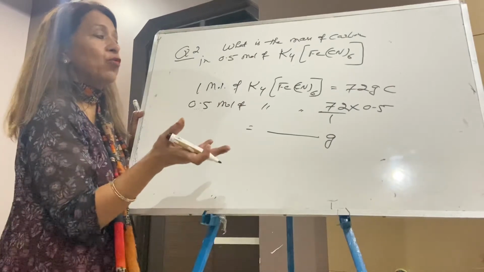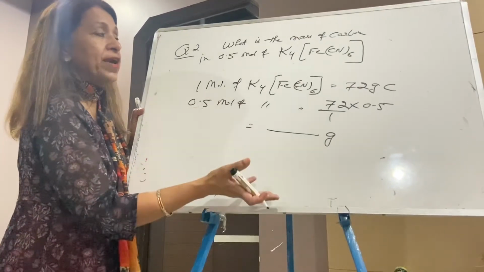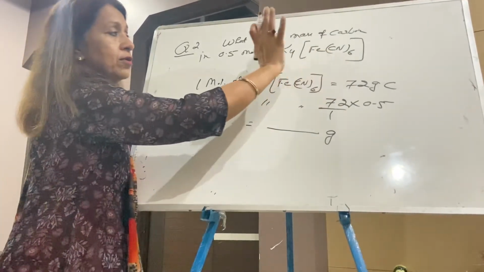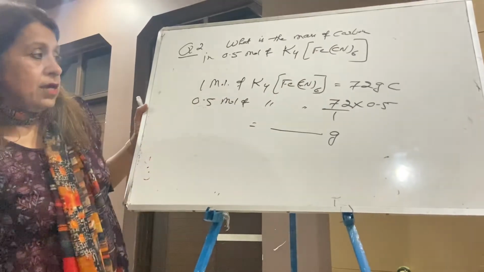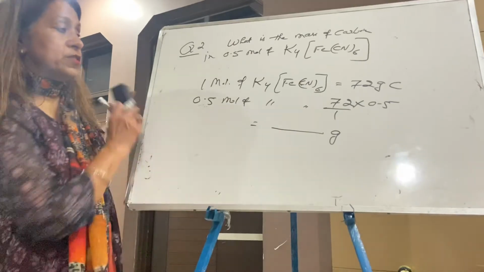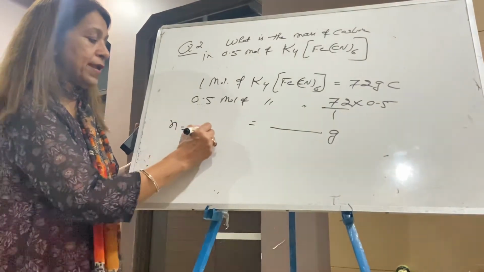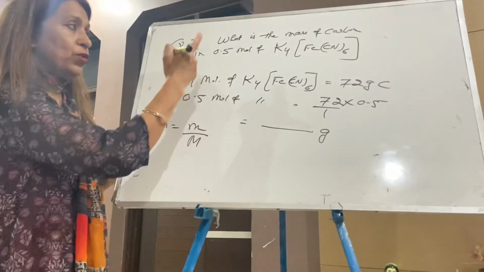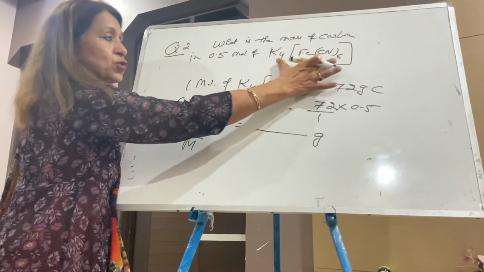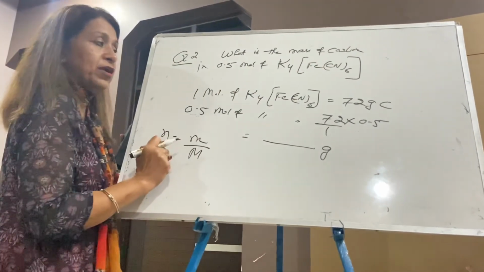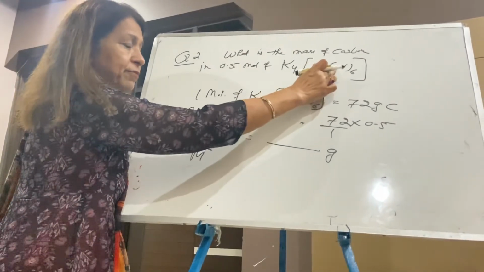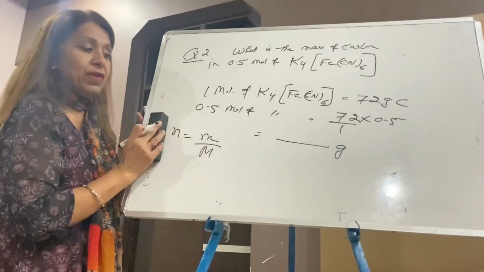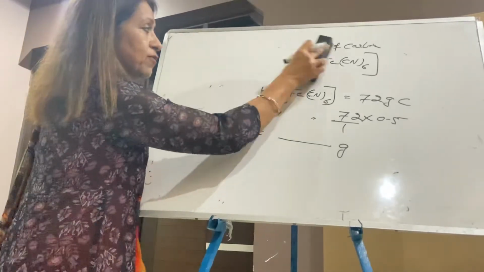That means you can calculate the weight, or the number of atoms, from the molecule like this. Either you can apply the formula n is equal to small m by capital M, but you would have to calculate the mass first, and that will be difficult. So this is a simple way, because you have to calculate for a particular atom, so you can use the unitary method as well.